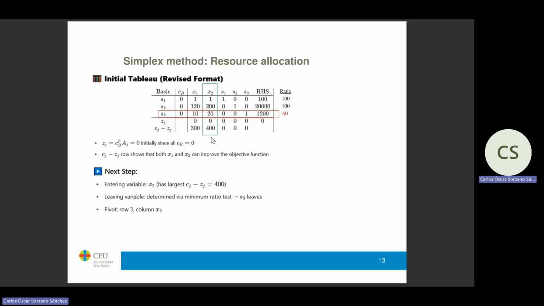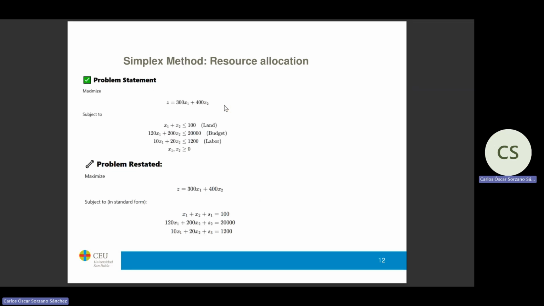And then the coefficients, I have not written the coefficients. We have here the CB. The CB is the coefficients associated to the basis. And then we have here the equation system. Again, this is coming from the constraints. So the first constraint is x1 plus x2 plus s1 equal 100.